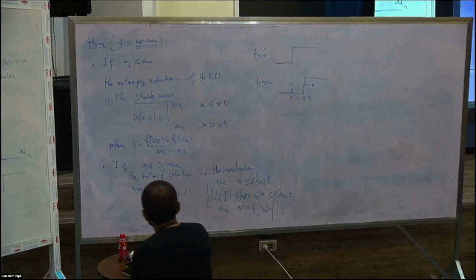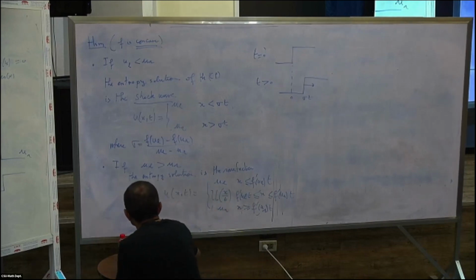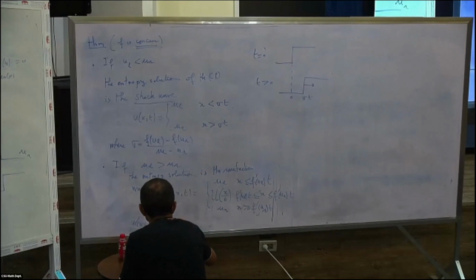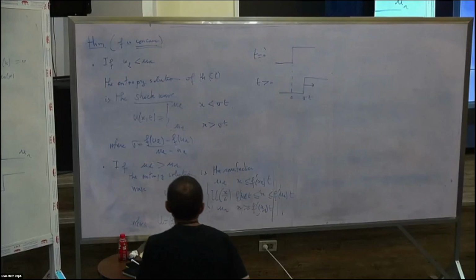So what is U? Capital U is f prime to the power minus 1.